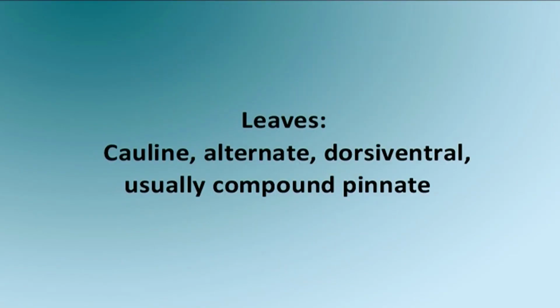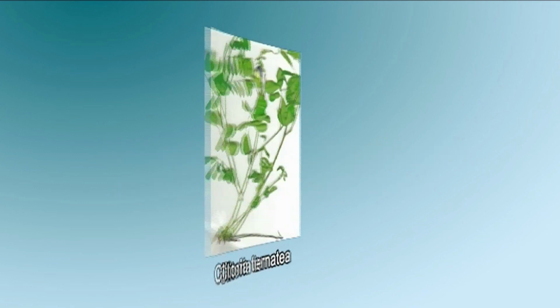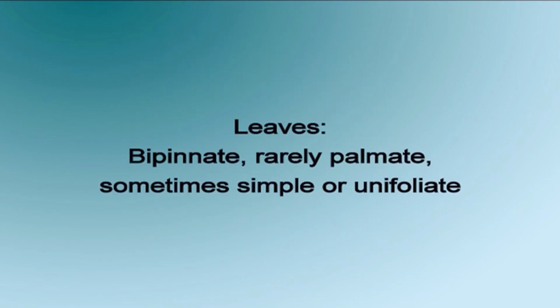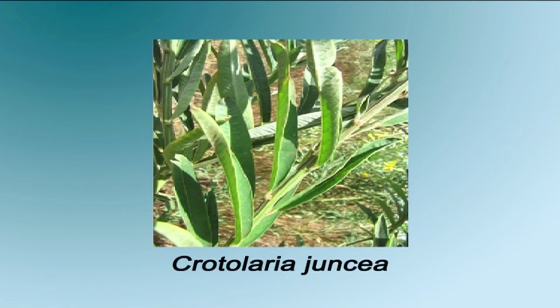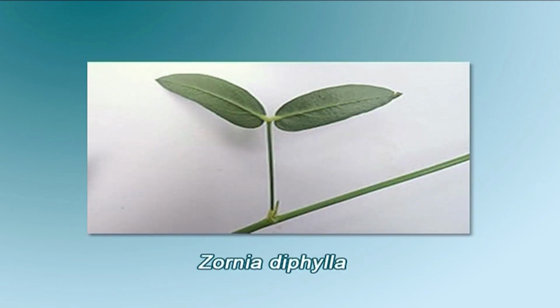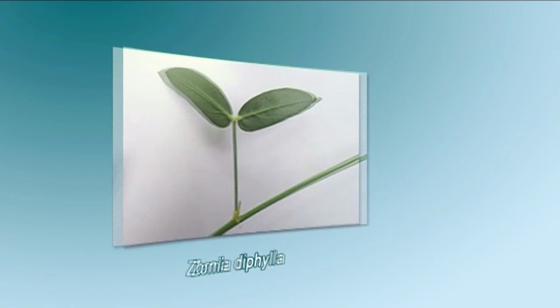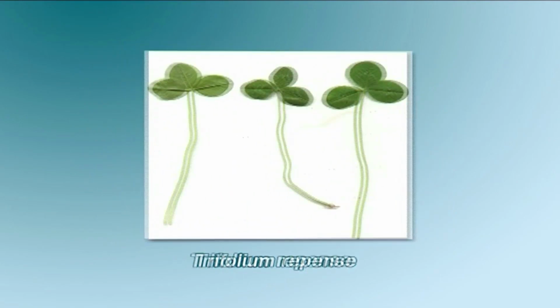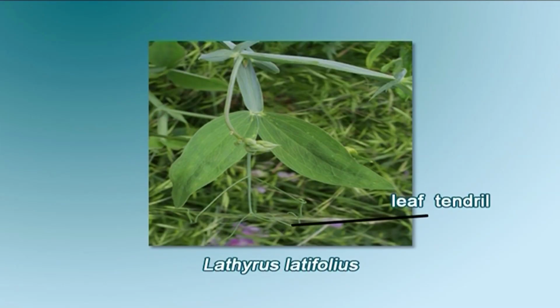Leaves are cauline, alternate, dorsiventral, usually compound, pinnate, for example Clitoria ternatea, bipinnate, rarely palmate, sometimes simple or unifoliate like in Crotalaria, or bifoliate as in Zornia diphylla, trifoliate in Medicago and Trifolium, or reduced to a tendril, for example in Lathyrus species.